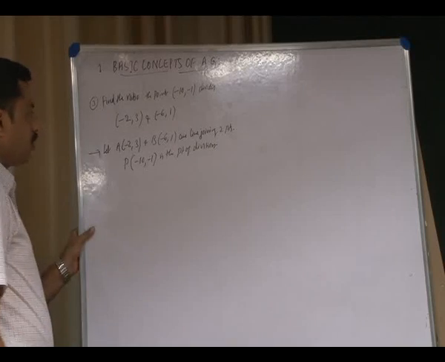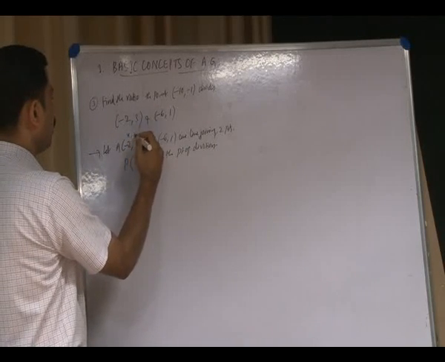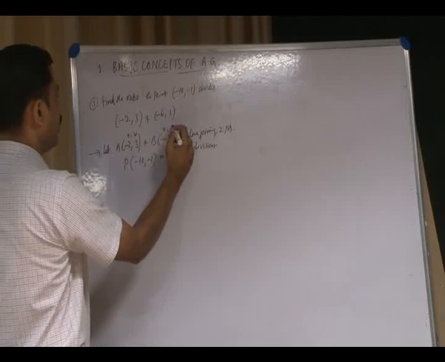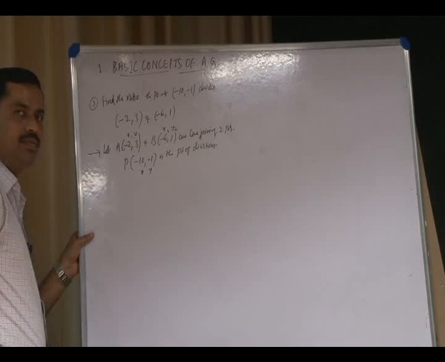So, that means the coordinates of these 2 points are taken as x1 y1 and x2 y2. Coordinates of point P is x comma y.